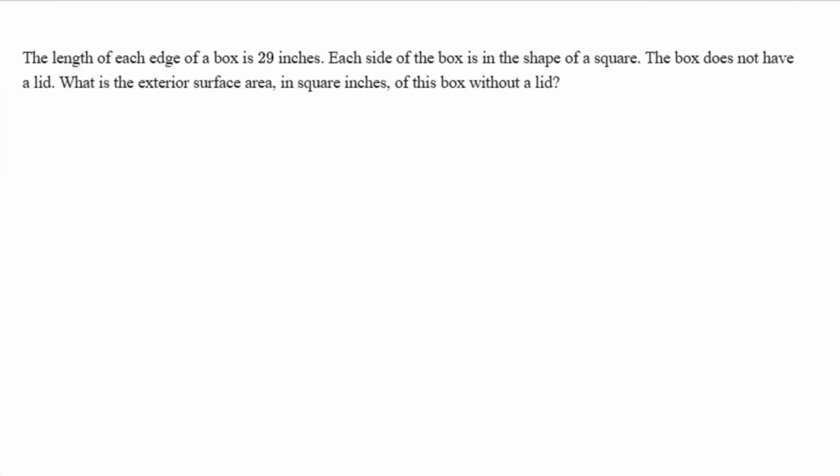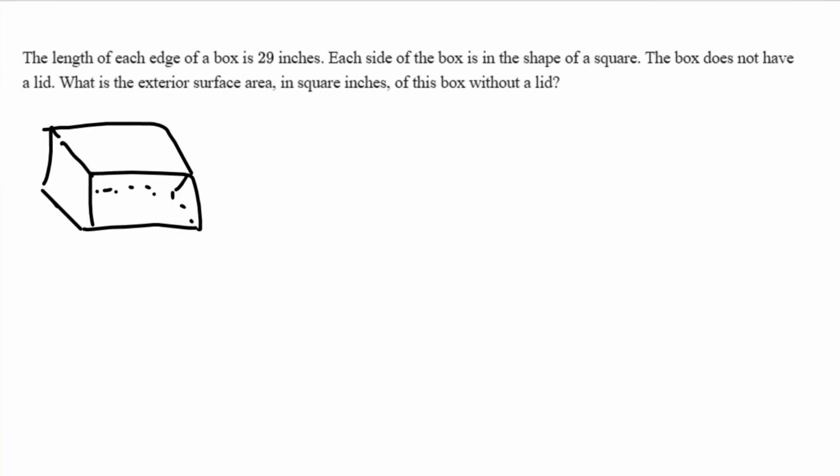The length of each edge of a box is 29 inches. Each side of the box is in the shape of a square. So you've got a box. The length of each edge of a box is 29 inches. Each side of the box is the shape of a square.